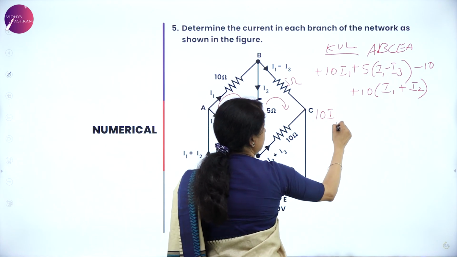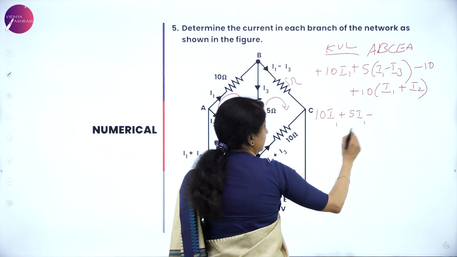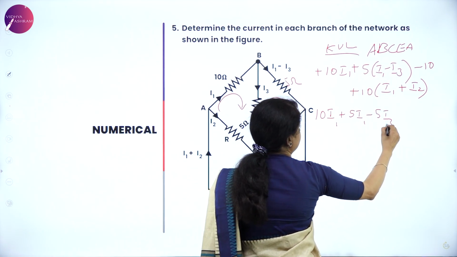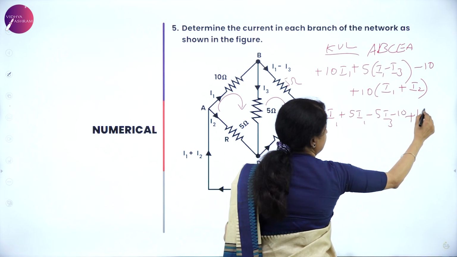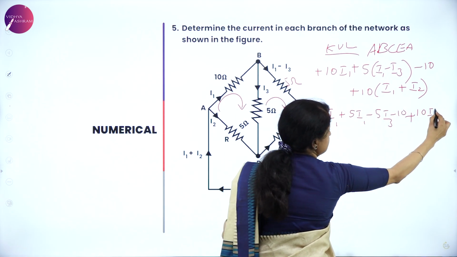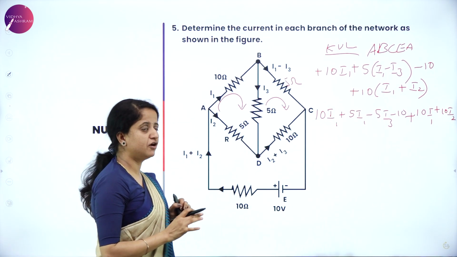That is 10 I1 plus 5 into I1 is 5 I1, minus 5 into I3 is 5 I3, minus 10, we have already, plus 10 into I1 is 10 I1, plus into plus is plus 10 into I2 is 10 I2. Let us now simplify for I1.